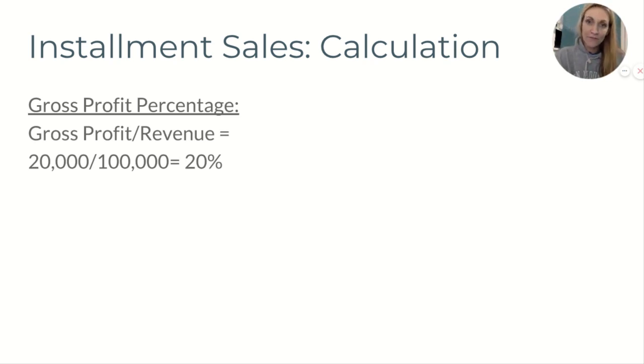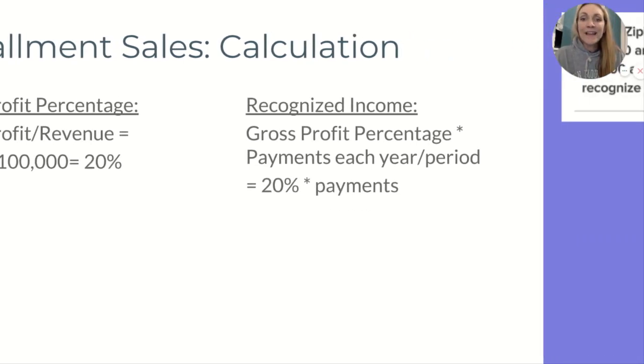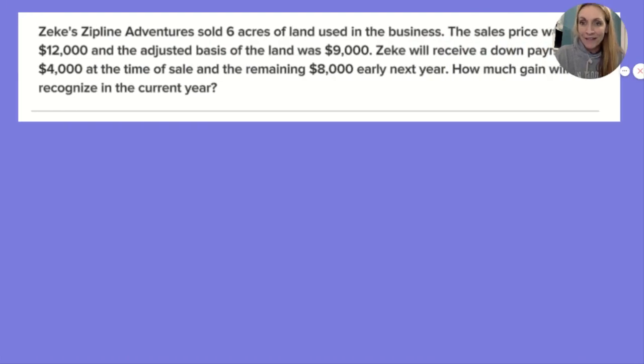So gross profit, if you recall, is income minus immediate expenses related to earning that income, equals a net income type number, gross profit as it's called, which you may recall learning about on the multi-step income statement in accounting courses. Once you have that number, each payment, you simply times it by that percentage, and that's the amount that is recognized in income.